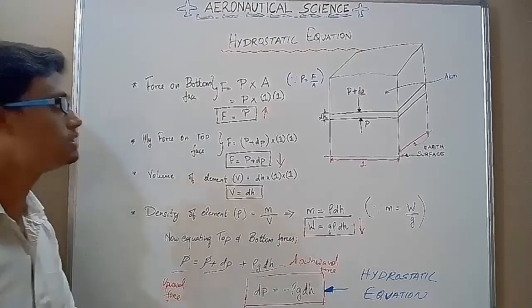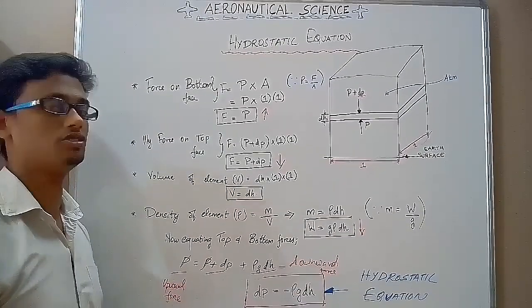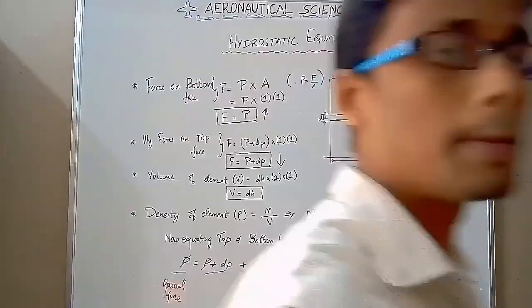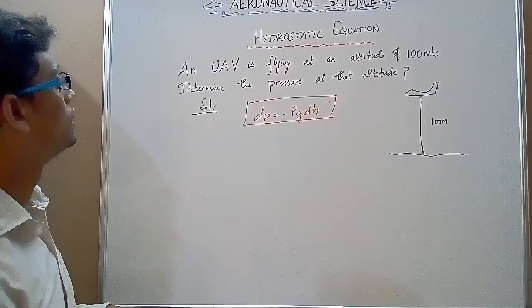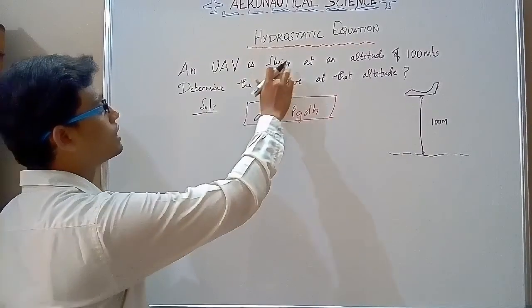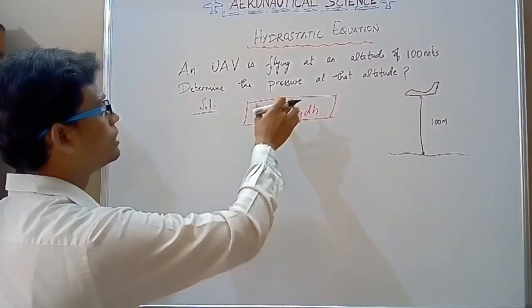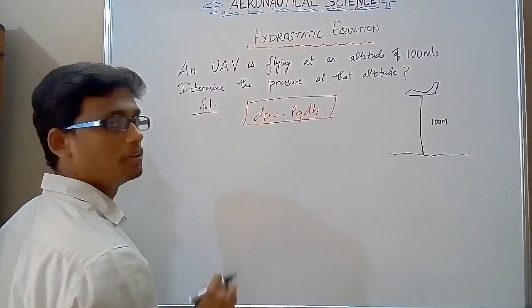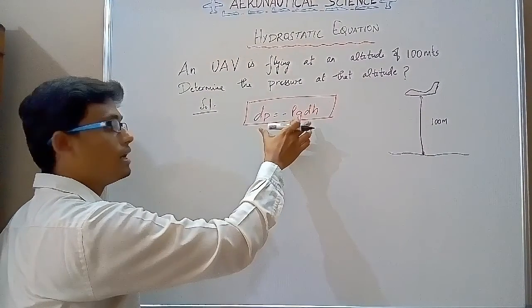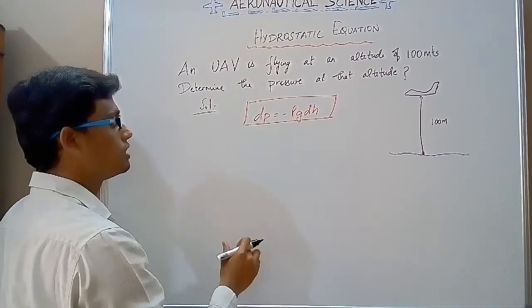Now let us see one problem related to the hydrostatic equation. Consider an unmanned aerial vehicle flying at an altitude of 100 meters. Determine the pressure at that altitude. To determine the pressure at that altitude, we can use the hydrostatic equation.